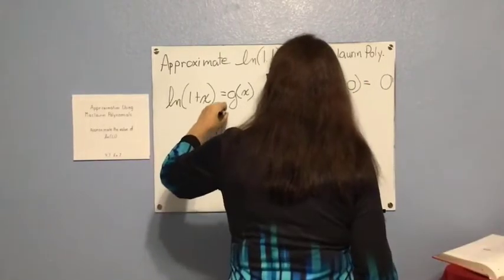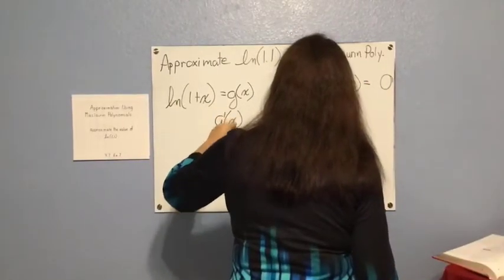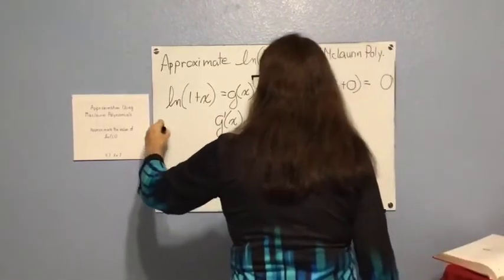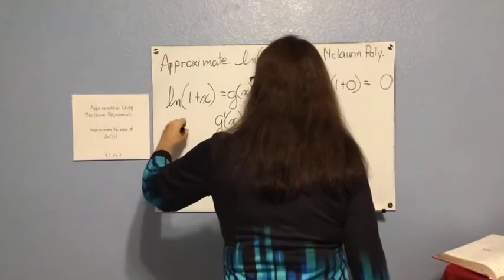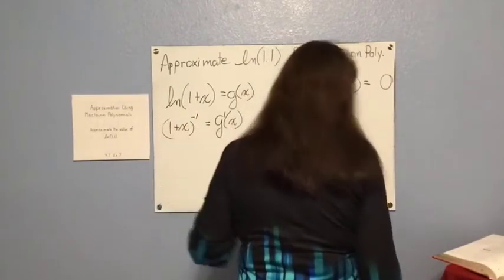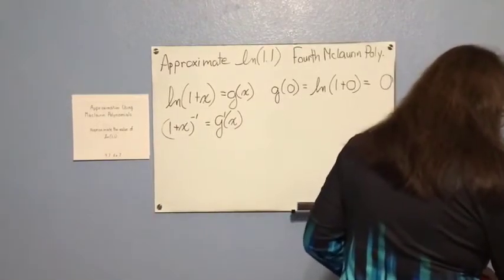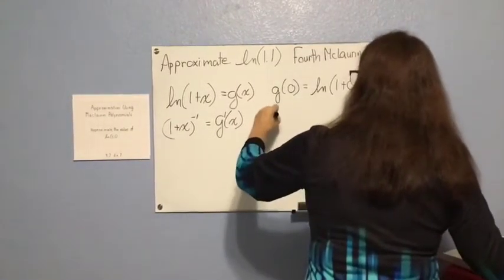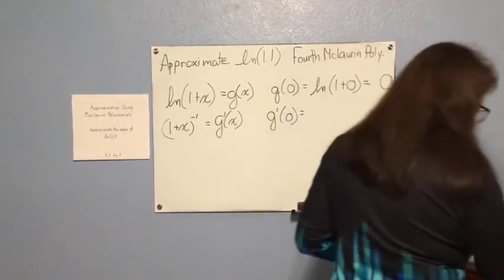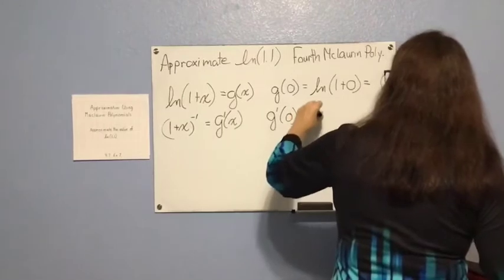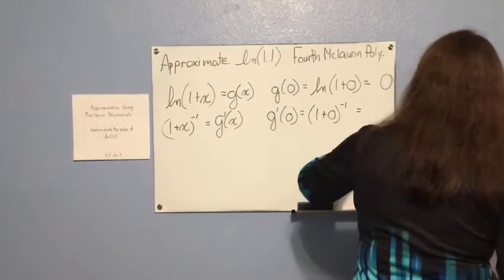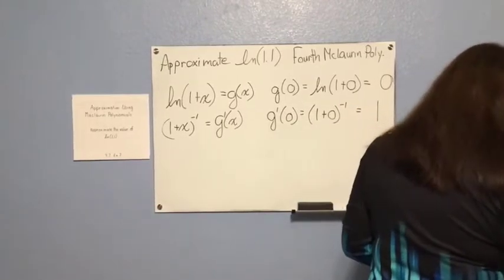And g prime of x would be 1 plus x to the minus 1. So g prime of 0 would be 1 plus 0 to the minus 1, which would be just 1.